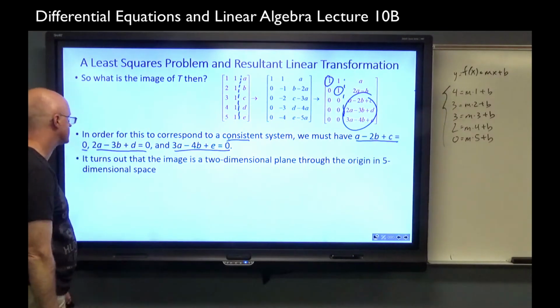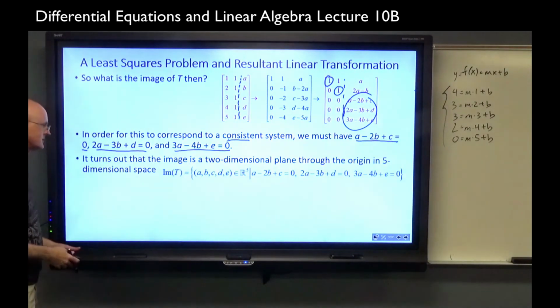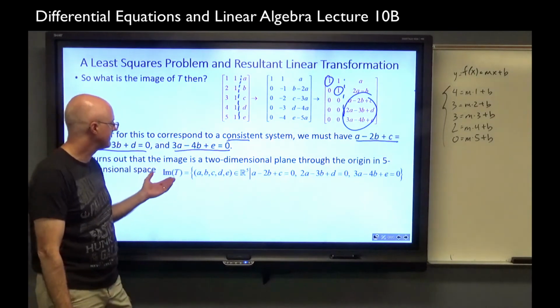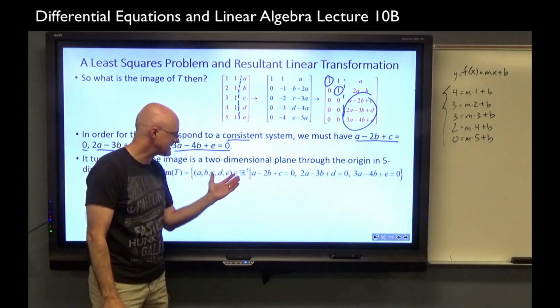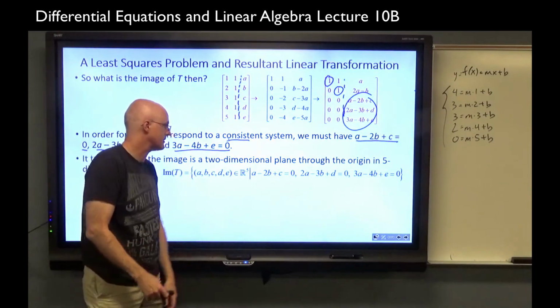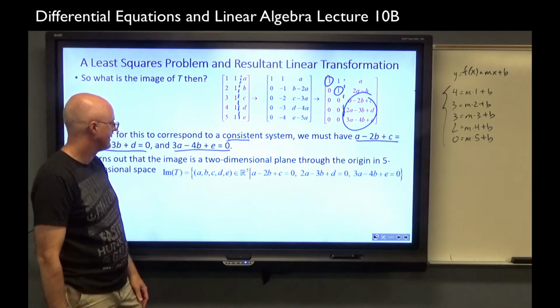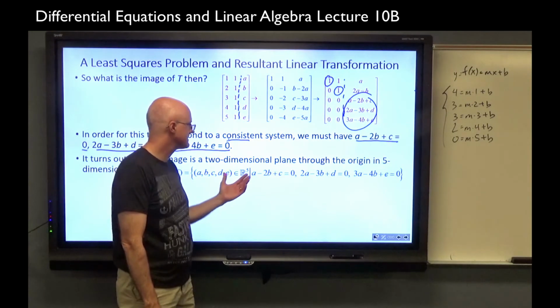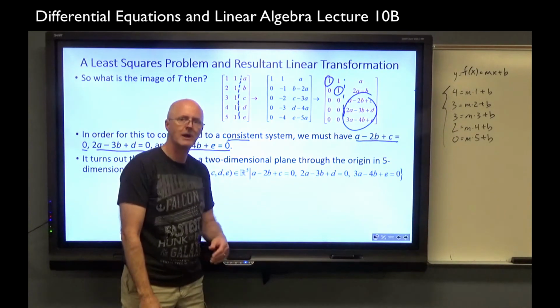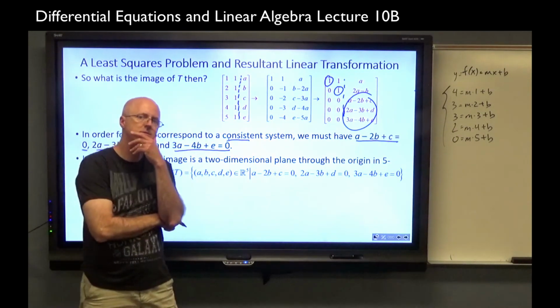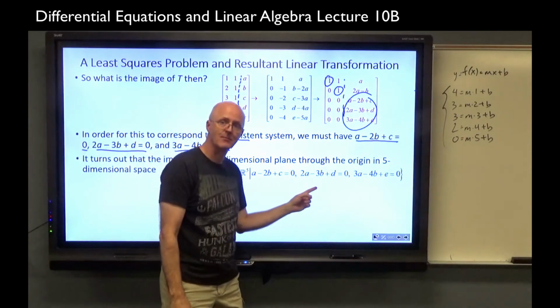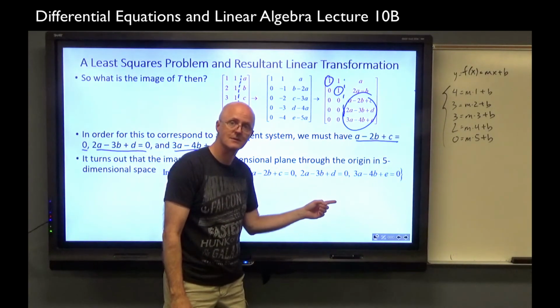And the image can be described that way in set builder notation. And here I'm thinking of the image as being a set of points in R5. I could think of them as a set of vectors, but it was nicer to write it as a point. Set of five-dimensional points satisfying these three linear equations in 5 unknowns. Hey, this is a system with fewer equations than unknowns.